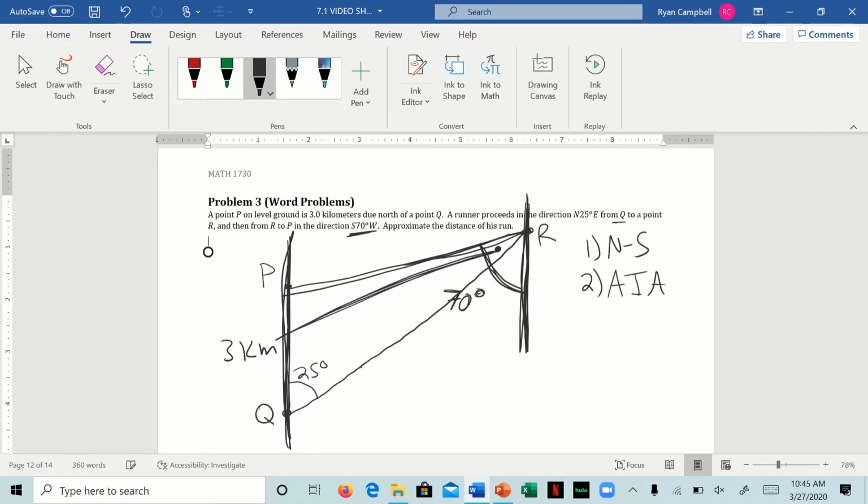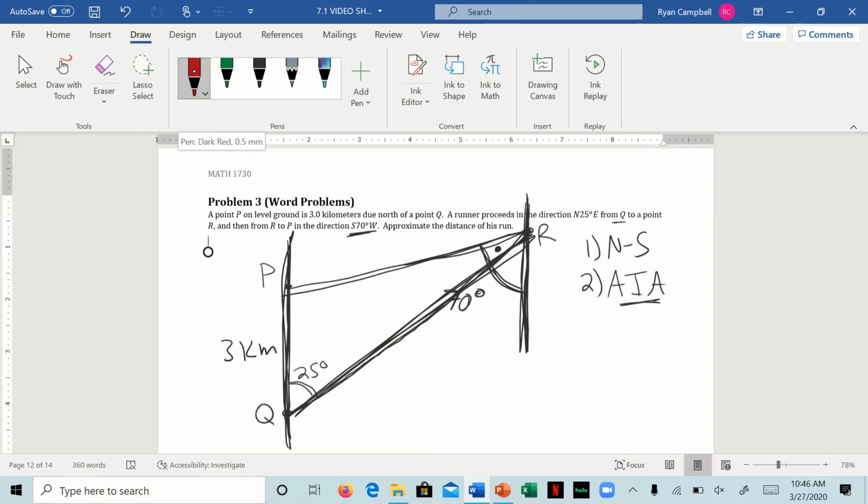So what's another? There's just a little too many lines right now. There we go. So another transversal would be this one, right? And we see that this is 25 degrees. So then using alternating interior angles, what also would be 25 degrees? Not inside, right? Because that's not touching our north-south line. It has to be touching our north-south line.